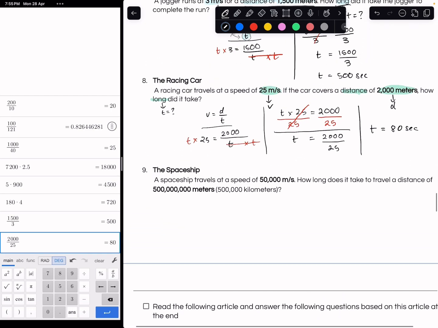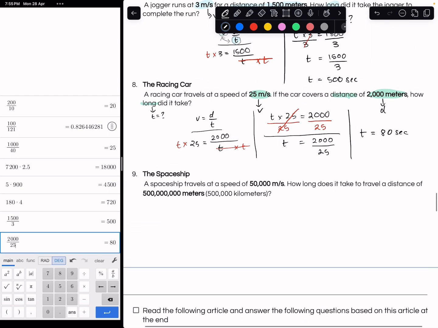Okay, the spaceship. A spaceship travels at a speed of 50,000 meters per second. How long does it take to travel a distance of, oh my gosh, this is a huge value over here, 500 million meters. That's a lot. So let's see how long it takes. First things first, let's annotate. We've got a velocity. We need to figure out the time, and the distance is given to us.